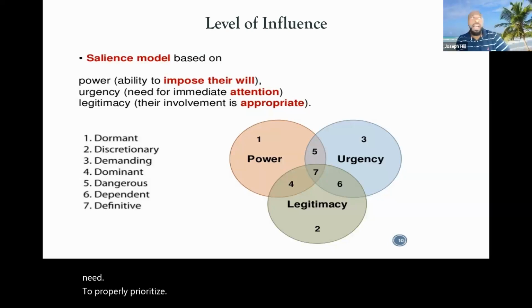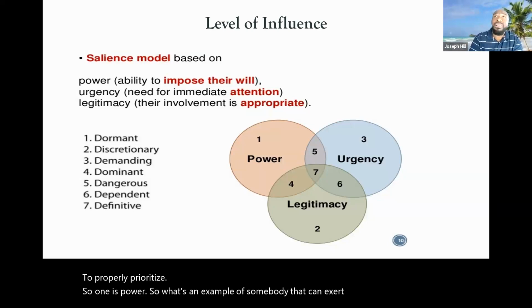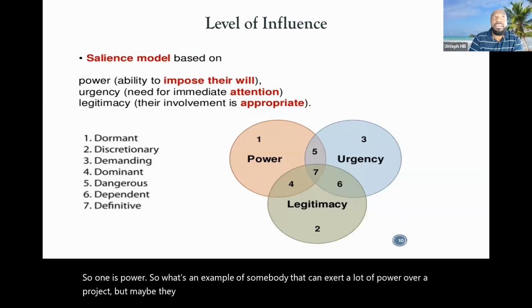So one is power. What's an example of somebody that can exert a lot of power over a project, but maybe they aren't urgently connected or they aren't very legitimate to it? You tell me.